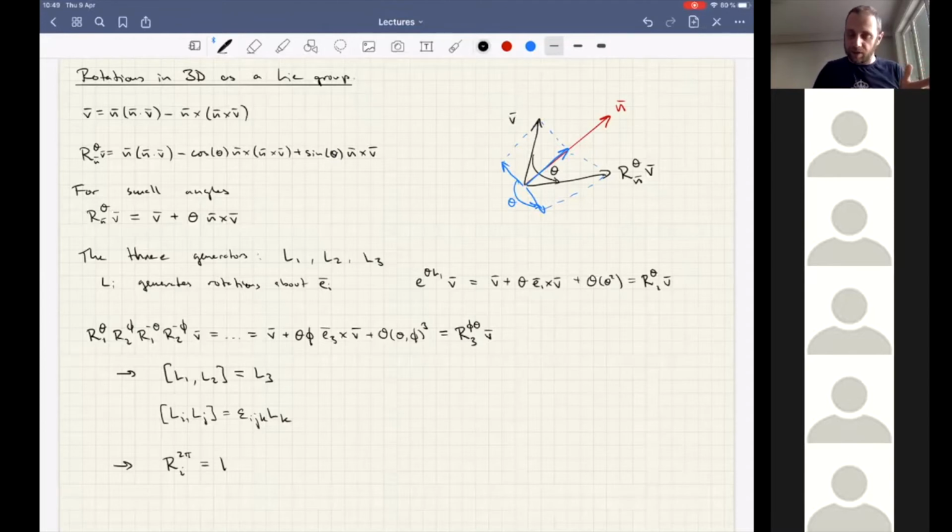And in particular, we see here that in the case of rotations, it's actually the same. So the generators of rotations are the angular momenta. Okay.